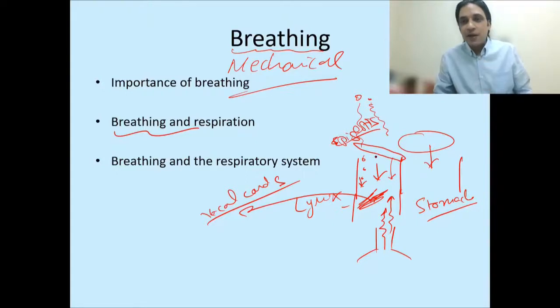So it protects it here. When you are eating, that cap protects the food and water from going there. When you are speaking, that cap should be away so that air can go inside and out without any problem. That's very important. So the vocal cords actually help to produce sounds.